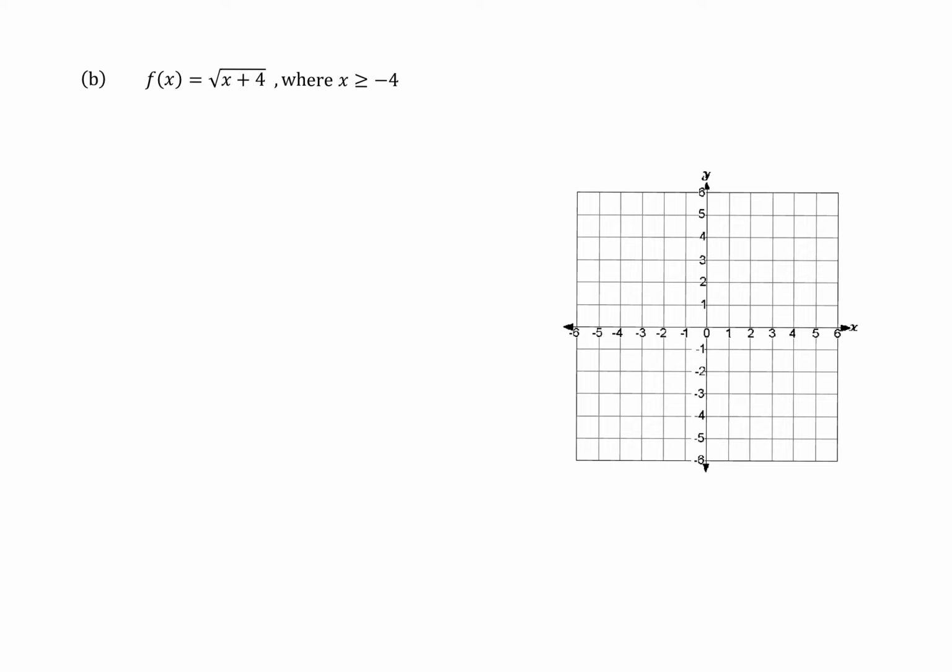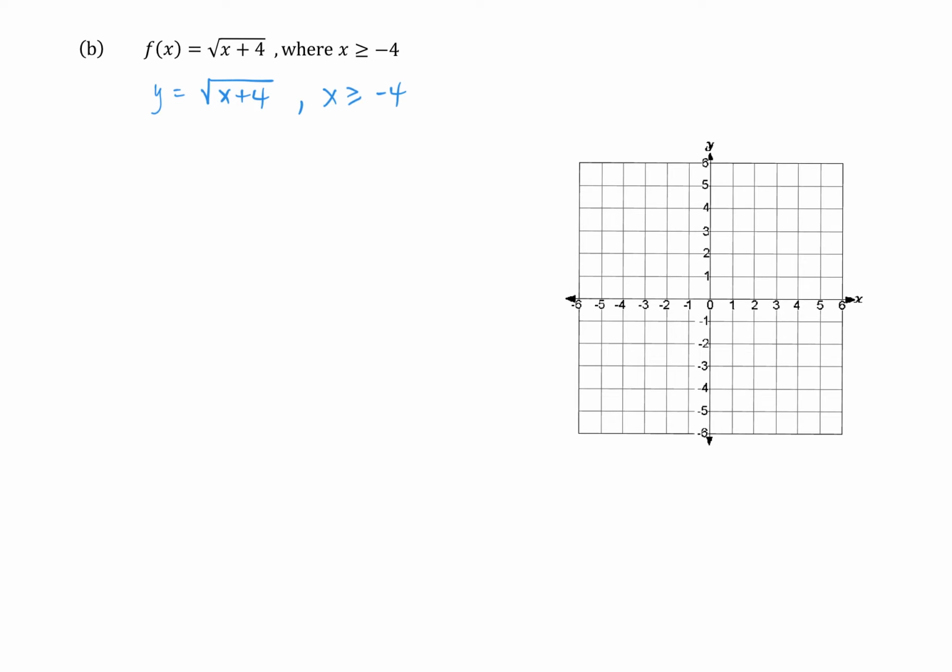Well, first of all, if I were going to find my inverse function, my f of x is y. For now, I'm just going to put a comma and remind myself that the x values are greater than or equal to -4. Exchange x and y to get x equal to the square root of y plus 4.